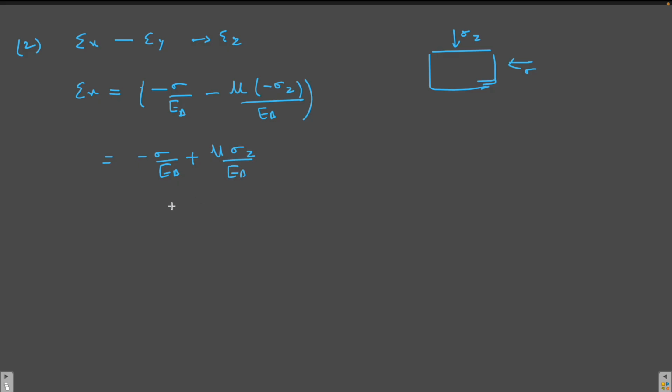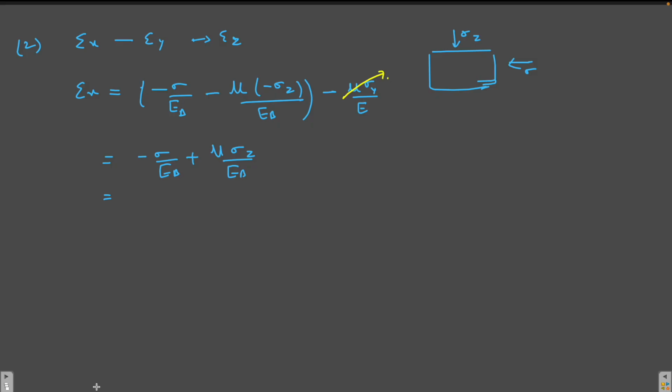That is the strain in x direction. And there will be another term also, right? Mu sigma y by E, but there is no sigma in y direction, so this will come out to be 0.